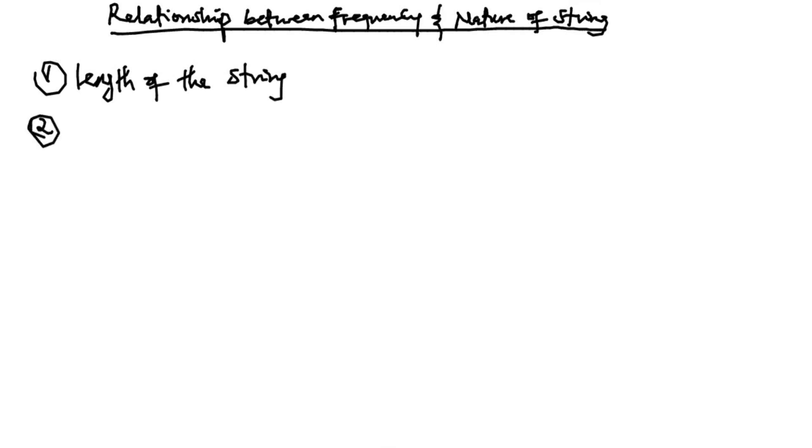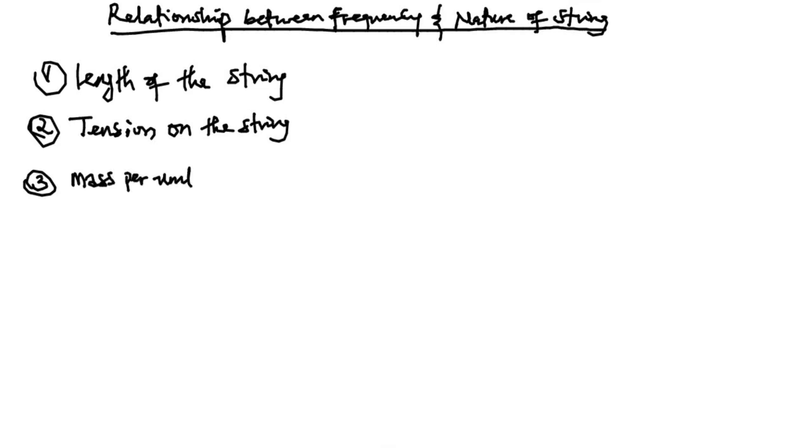The second one is the tension, how taut it is, the tension on the string. And the third one is the mass per unit length of the string.